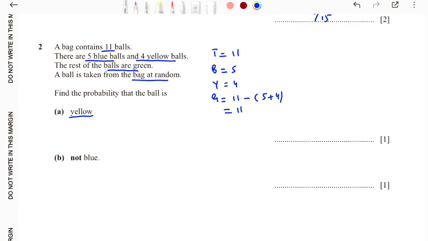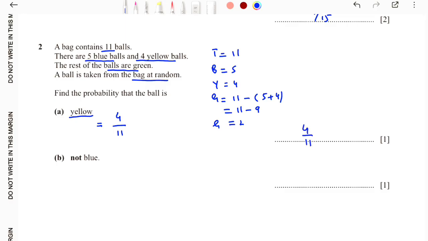It will be 11 minus 9, 2. Now we have to find out the probability that the ball is yellow. We know the formula for finding the probability, that is desired outcomes over total outcomes. So the answer will be 4 by 11.